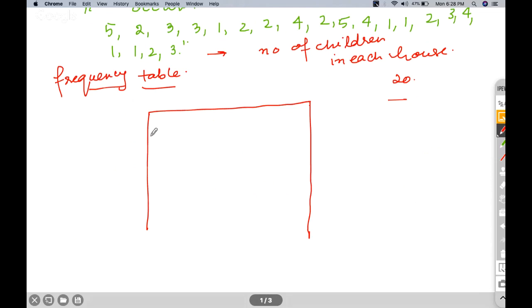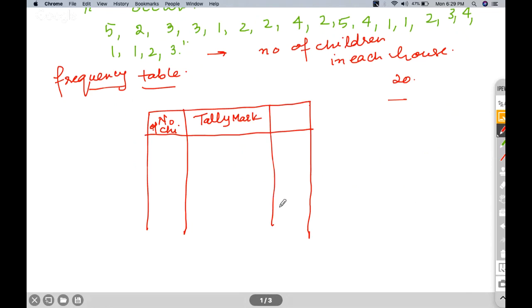A frequency table is like this. You will write number of children, then you will write tally mark, and then you will write frequency.